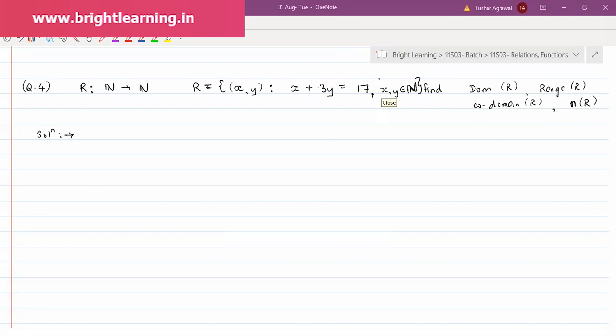Cardinality. Sanath, write the cardinality answer in the chat box.